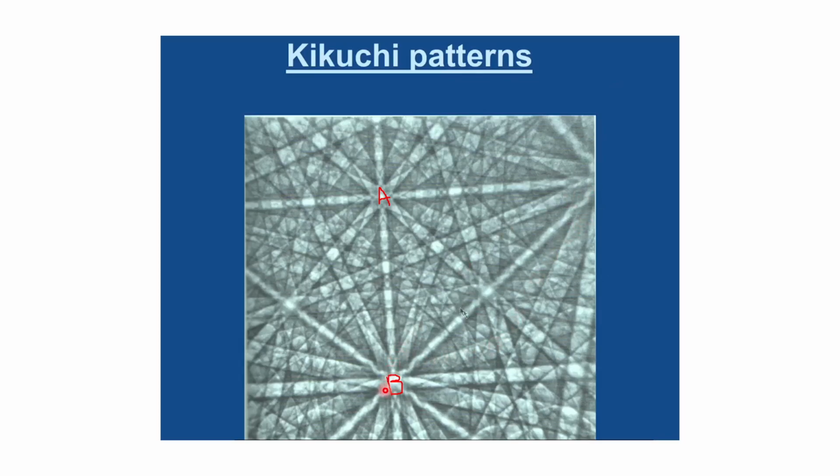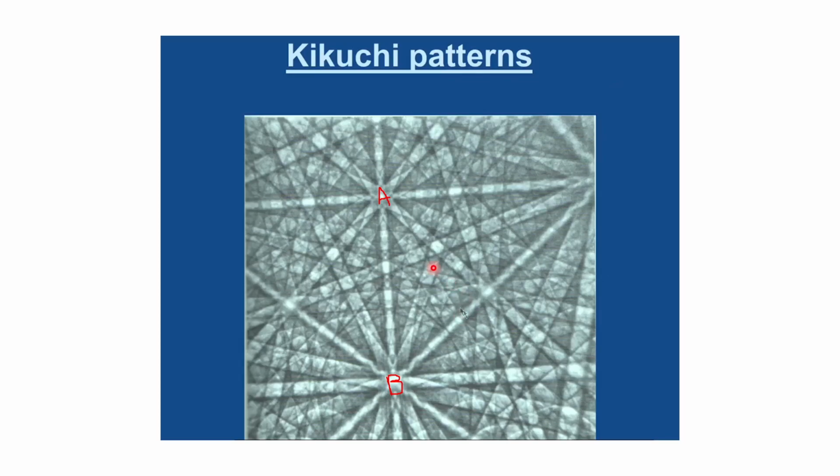Similarly, they are extended in both dimensions, and as you go from point B and follow this diagonal one, if you follow this plane, then you will go to another zone axis which is not fully visible in this Kikuchi pattern. So this is another zone axis. So the Kikuchi patterns are basically road maps which will tell you where to go.